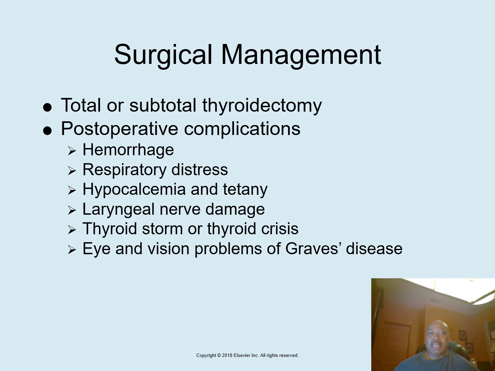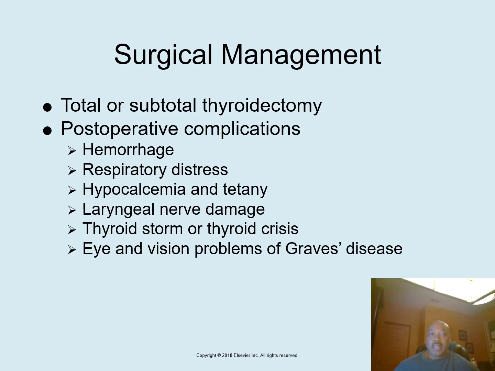Now, this PSI is pressure. So pressure around the eyes can cause, because remember these patients have the exophthalmos, this pressure, the bulging effect of the eyes, can result in decreased blood supply to the eyes, also ischemia and blindness.